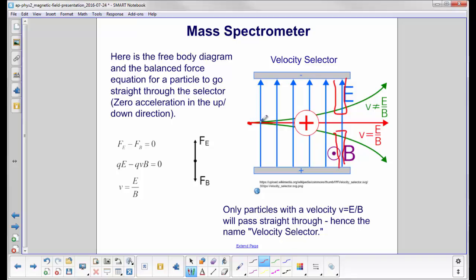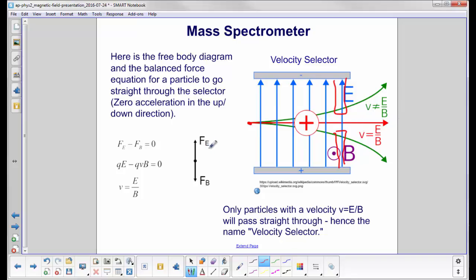So if particles come in here with all different velocities, they're going to be affected differently by this combination of electric and magnetic fields. So I only want the ones that have a balanced force. So if I have the electric force and a magnetic force exactly equal and opposite, any particle coming in here with zero force in the y direction will go straight.